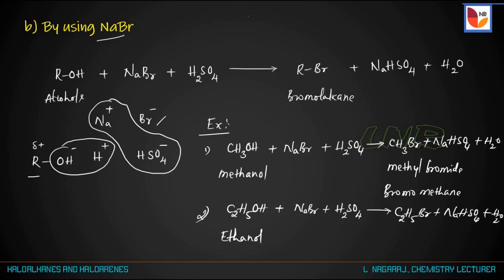That is ethanol to be converted into ethyl bromide. That is the preparation of alkyl halides by using sodium bromide.